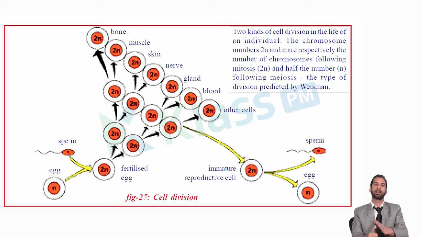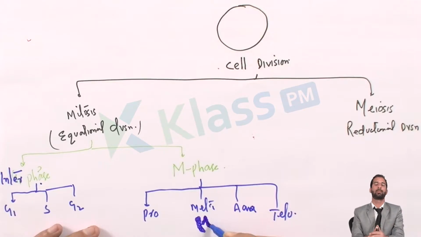Cell division is actually of two types. One is mitosis, and the second is meiosis. Whether it is mitosis or meiosis, cell division occurs in two phases. One phase is the interphase, which is the longest phase of the cell cycle, and the next phase is the M phase, which is the shortest phase of the cell cycle.